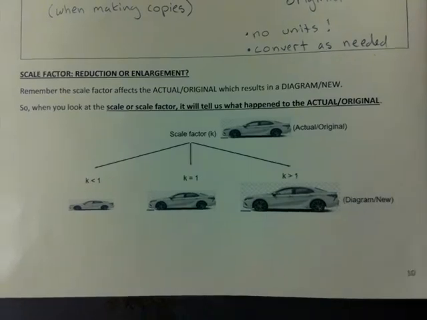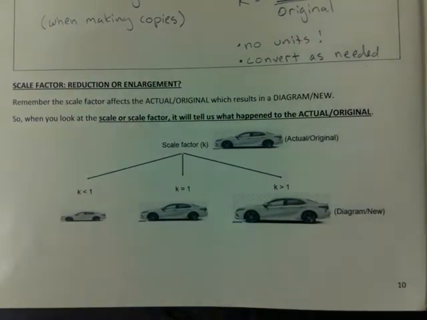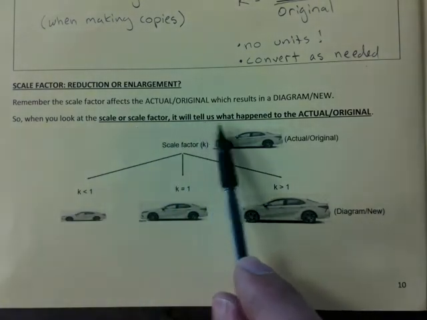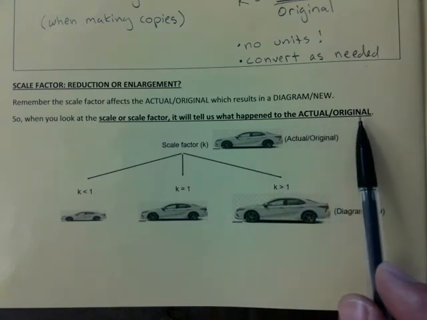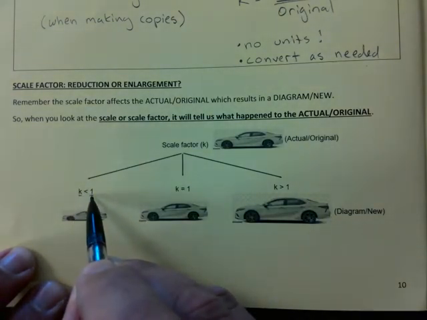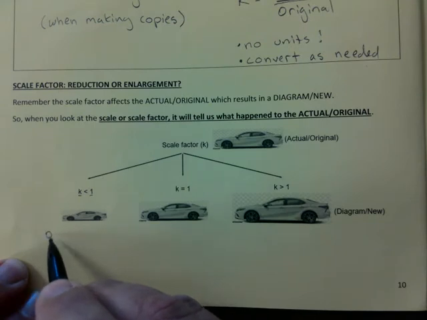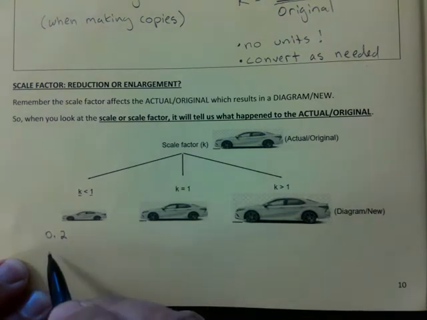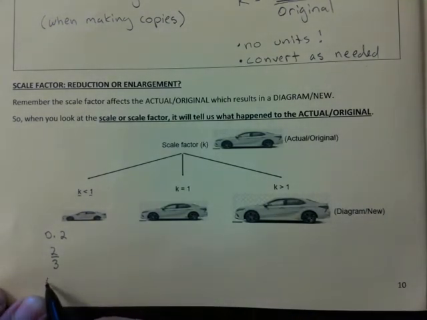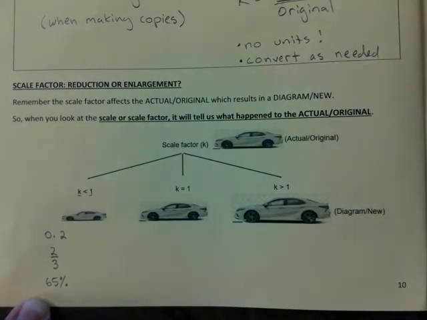Scale factor. When you're dealing with scale factors, it's easy to tell. Remember, scale factors affect the actual or original, which results in the diagram or the new, right? So when you look at a scale or scale factor, it will tell us what happened to the actual or the original. Okay. So if the value of k is less than 1, so examples would be 0.2, 2 over 3, anything like that, 65% is less than 1.